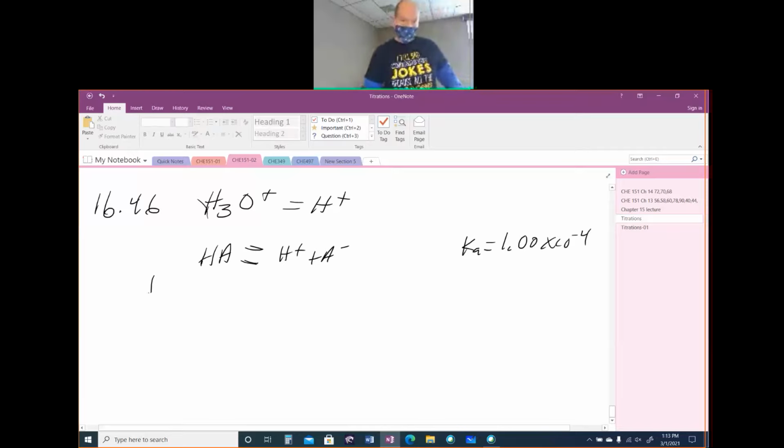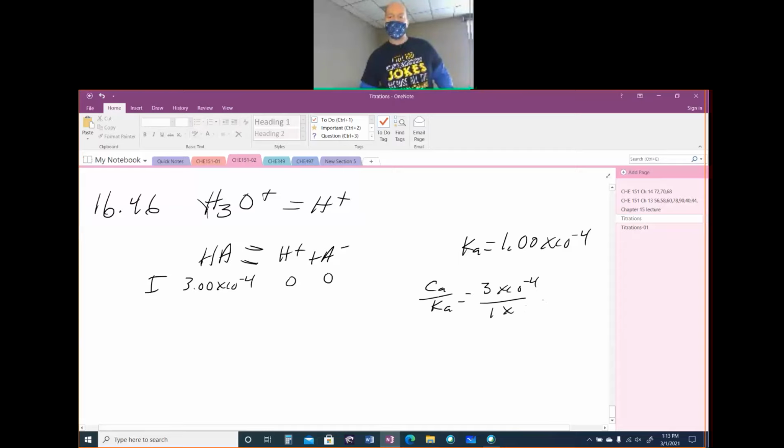All right, so initial, we had 3 times 10 to the minus 4, 0 and 0. So when you take your Ca over your Ka, you have 3 times 10 to the minus 4 over 1 times 10 to the minus 4. I don't need a calculator for that. That is 3 and nowhere near 1,000.